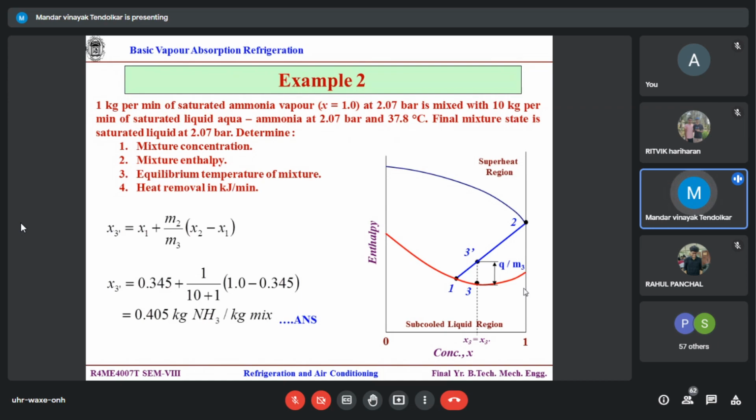Right, my value is 0.4. How come you are at so less? No, sorry, 0.34, correct. So you can find out mixture enthalpy. I got 0.345 as the concentration value. Second is given loudly, that is 1. So mixture concentration, correct?